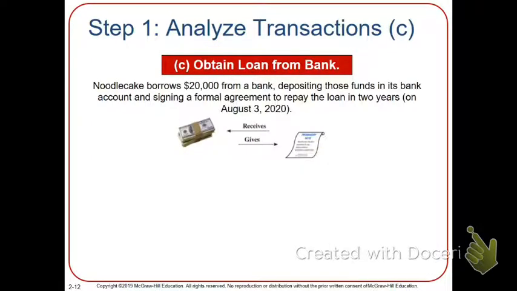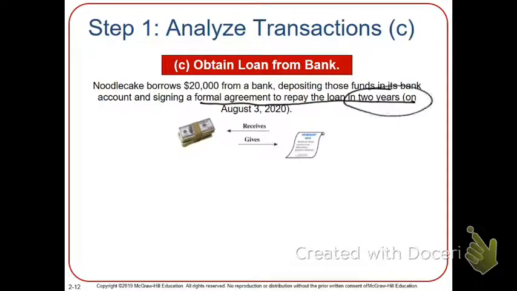Now Noodlecake borrowed $20,000 from the bank, deposited it into an account, and gave them a formal agreement to pay in 2 years. Is that accounts payable or notes payable? Notes payable, right.